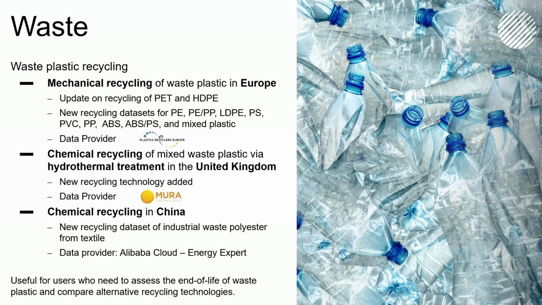But we do expect further expansion in the coming years. However, these additions for version 3.11 allow users to already assess the end of life of waste plastic by comparing the different alternative recycling technologies that we currently have.